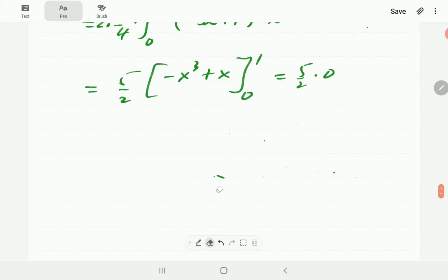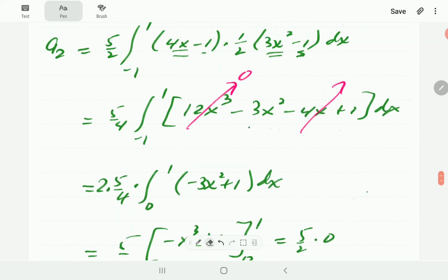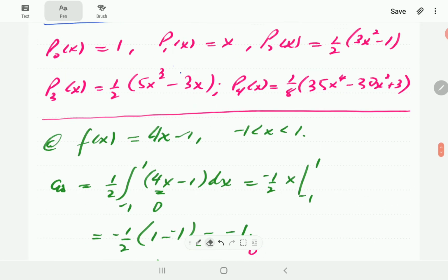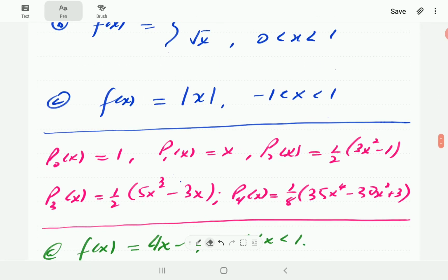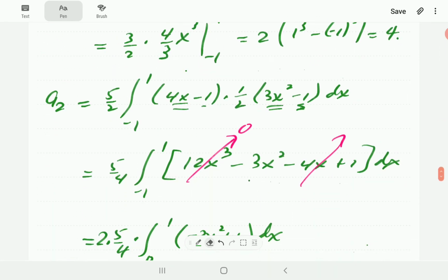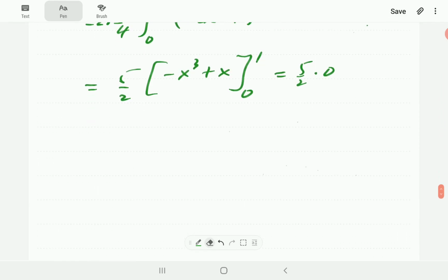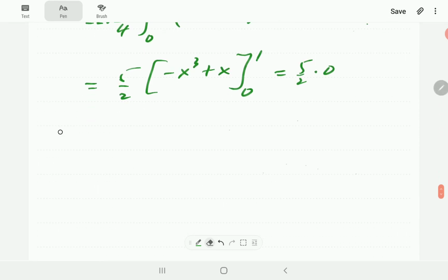In fact, we can prove that. The question is looking for the first 3 non-zero terms. So this third one is 0.